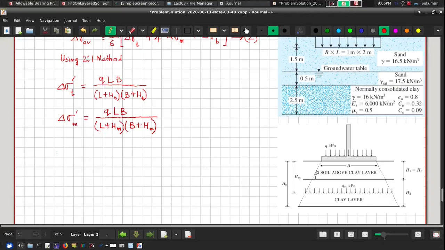And similarly delta sigma dash at bottom will be just Q into L times B divided by L plus HB into B plus HB.